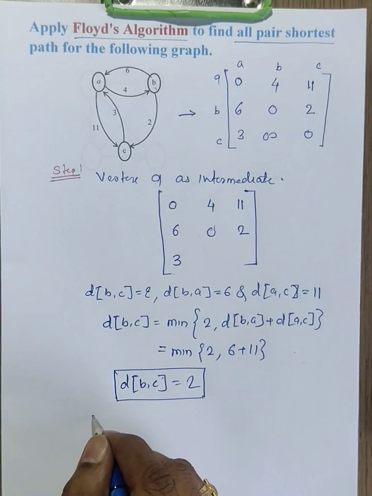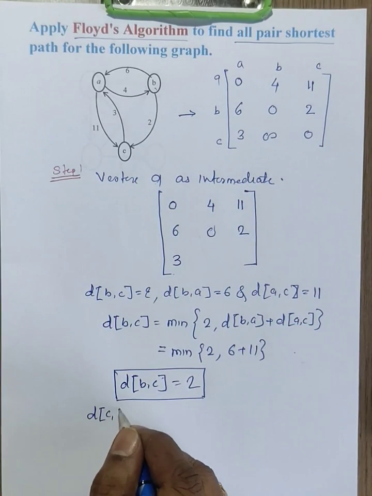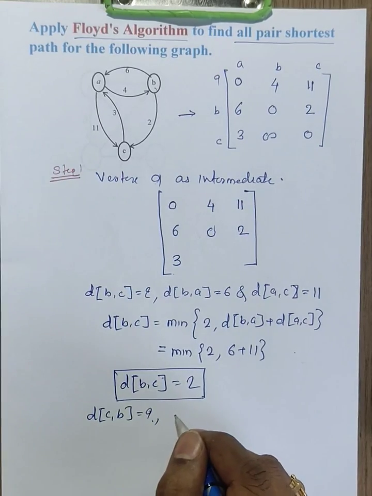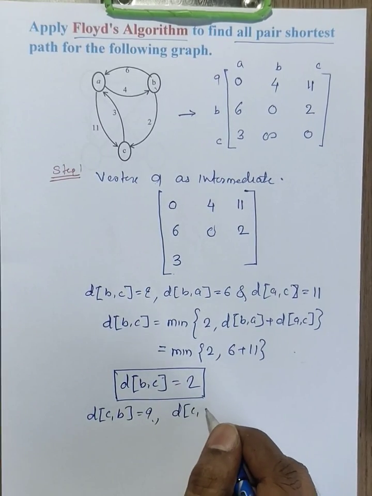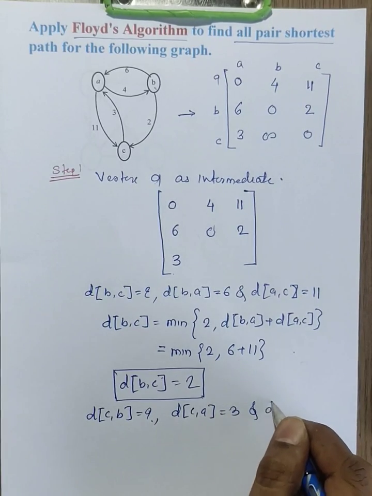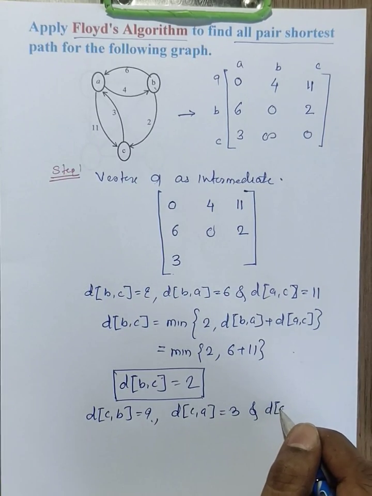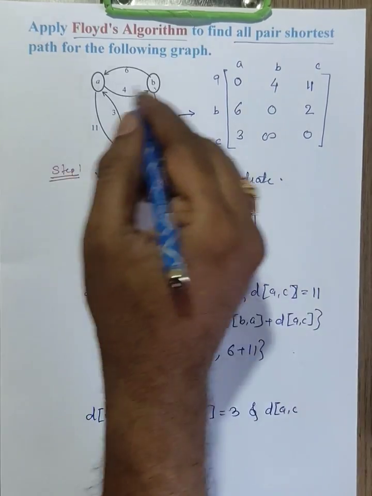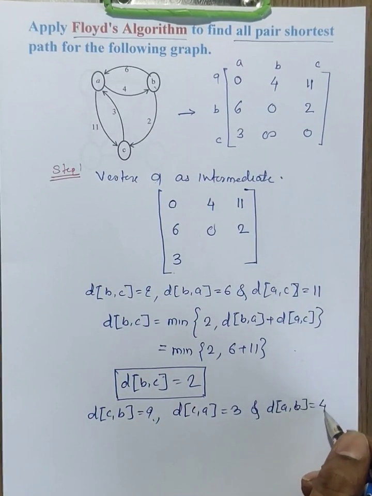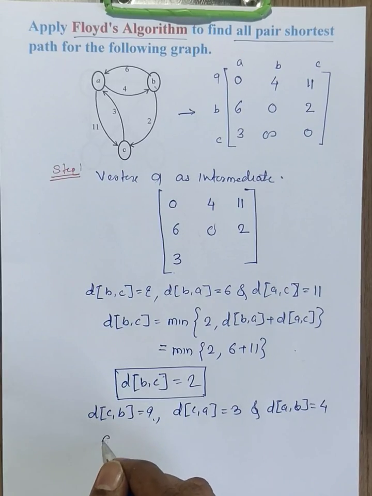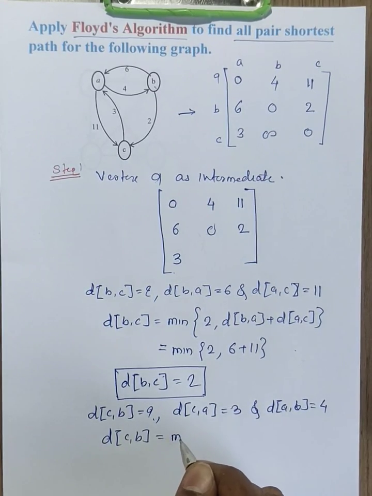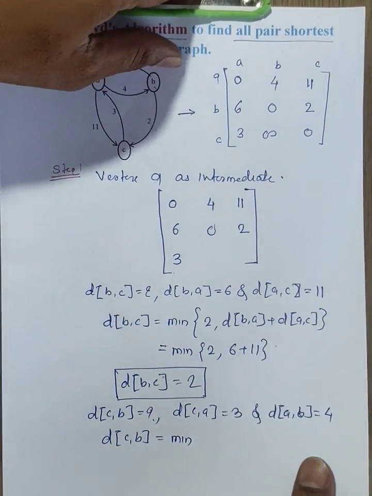Means we have to find distance from C to B using A. We have distance C to A, which is 3, and distance A to B, which is 4. And we have to find distance C to B equal to minimum distance.